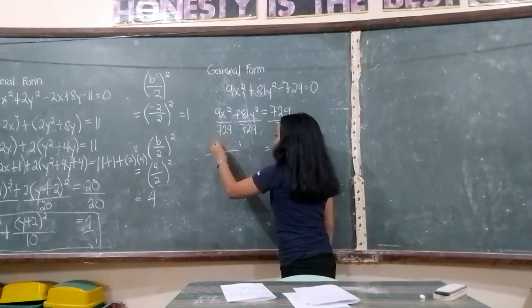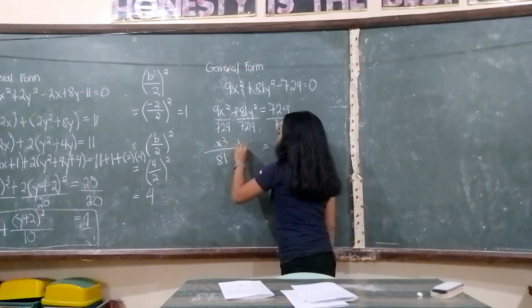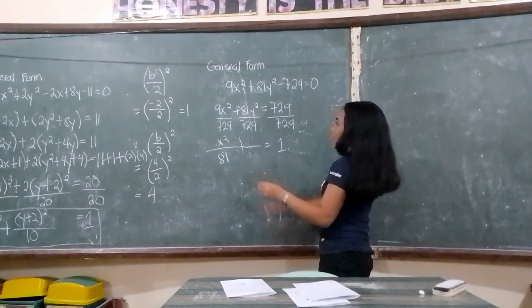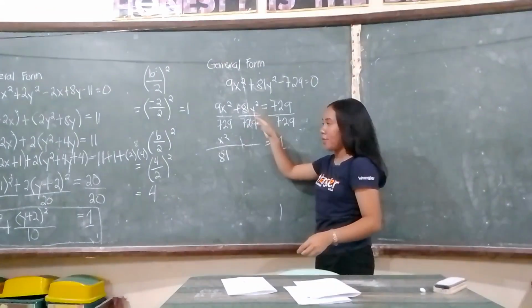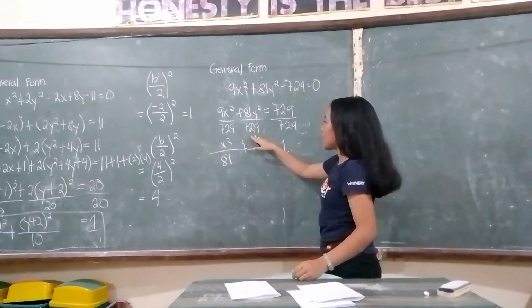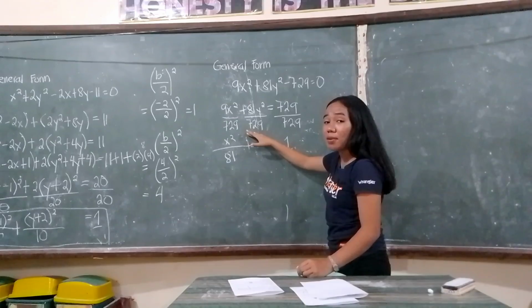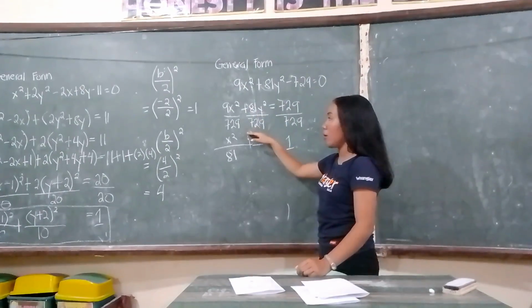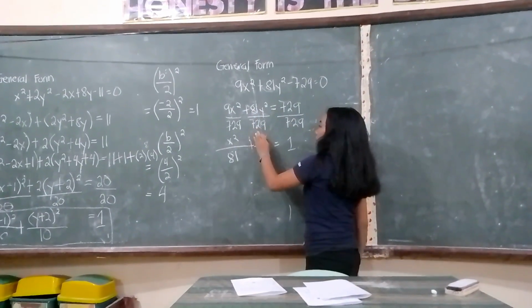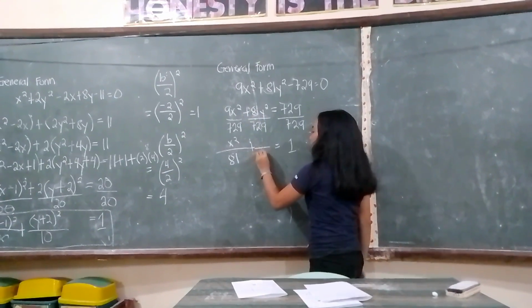So we have x squared over 81 plus 81y squared over 729 can be simplified to the lowest form, or 729 is divisible by 81. So 729 divided by 81 is 9.